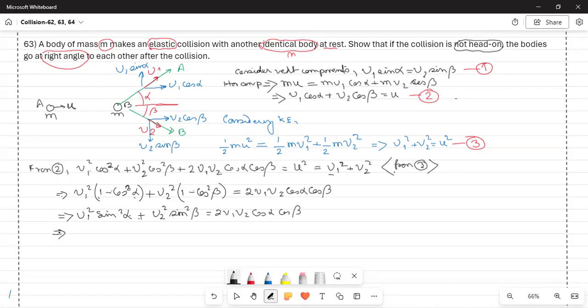Now here we get v1 square sin square alpha plus, now this v2 square sin square beta from the relation 1 will be equal to v1 square sin square alpha. v1 square sin square alpha is equal to 2 v1 v2 cos alpha cos beta.